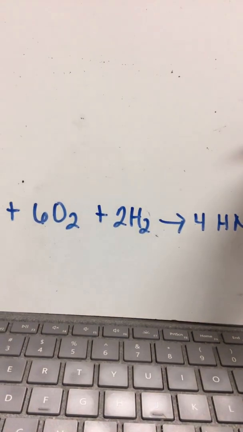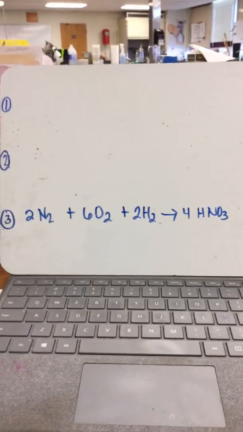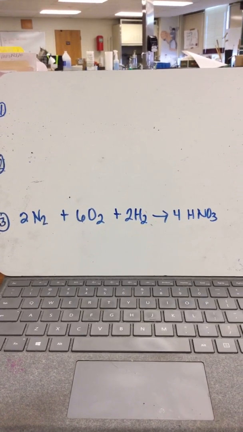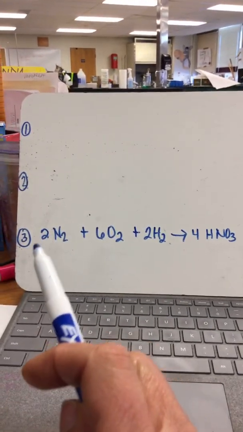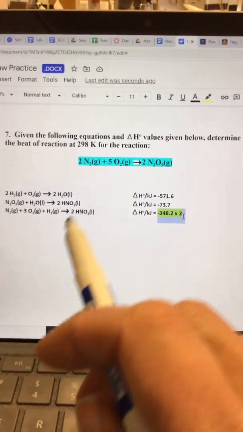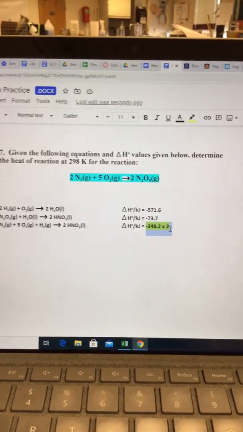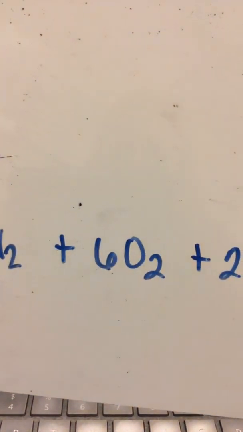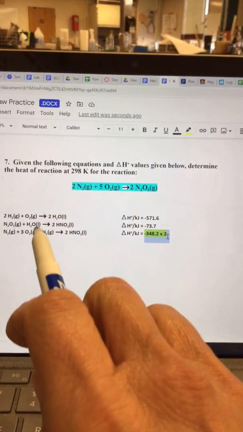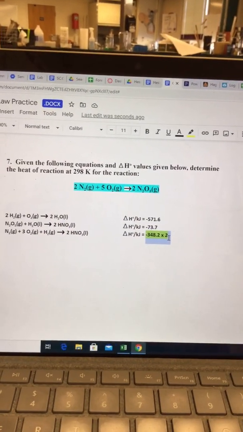As you can see, that's what I did on my whiteboard. I wrote equation number 3, but multiplied each and every coefficient by 2 because that's what I'm going to need to do. The next thing I'm looking for is 5 oxygens. Well, look at this. I have 6 oxygens in equation 3. I'm just going to kind of leave my oxygens alone for right now because I have some right there.